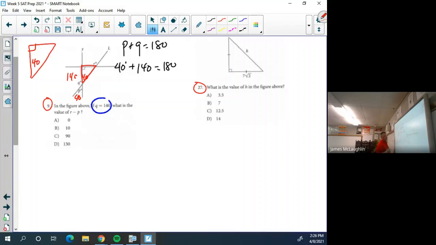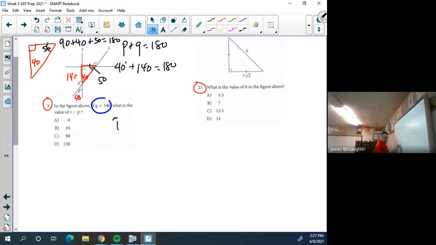We got 40 there, an angle of 90, that makes that triangle complete. Again, all three angles of the triangle have to add up to 180. So we got 90, we got 40. Whatever angle goes there has to make it equal to 180. So you got 130, so that's got to be 50. Now that angle is 50.